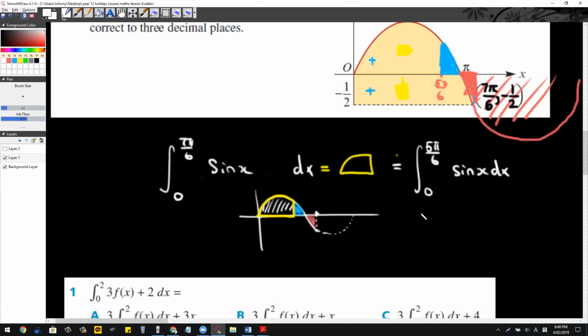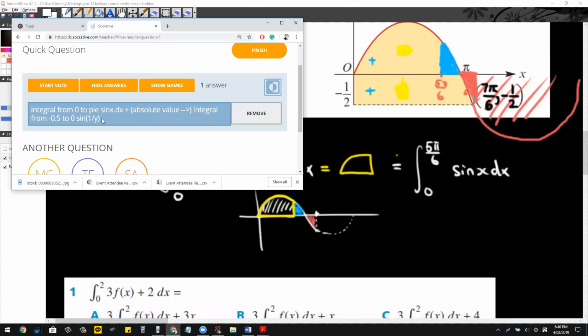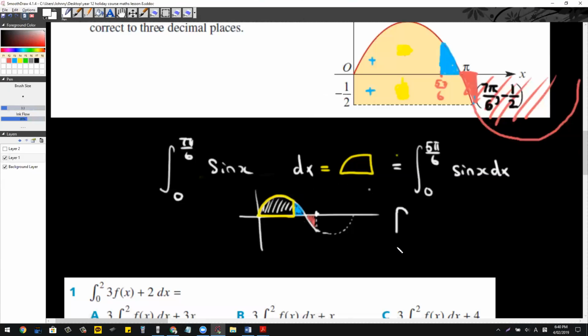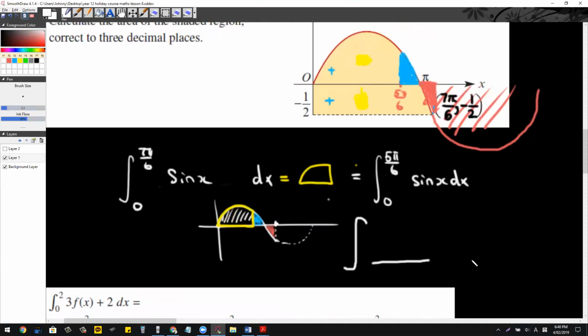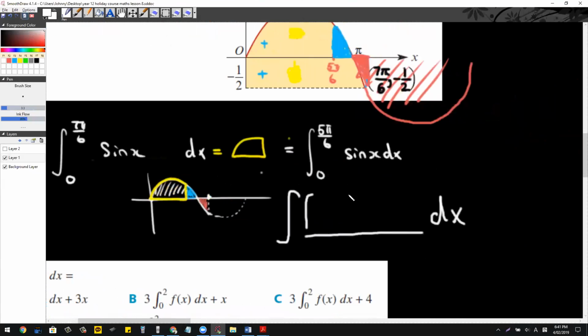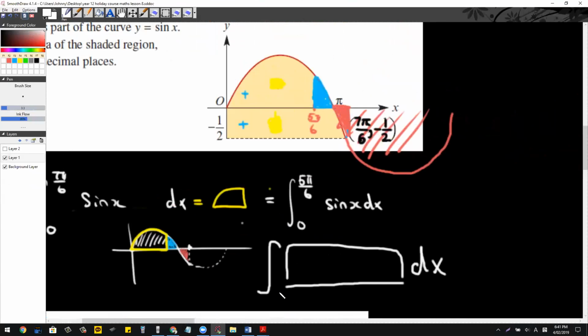All you have to do is fill in this blank, just this inside there. This is from that point here to this point over here, which is 7 pi over 6.